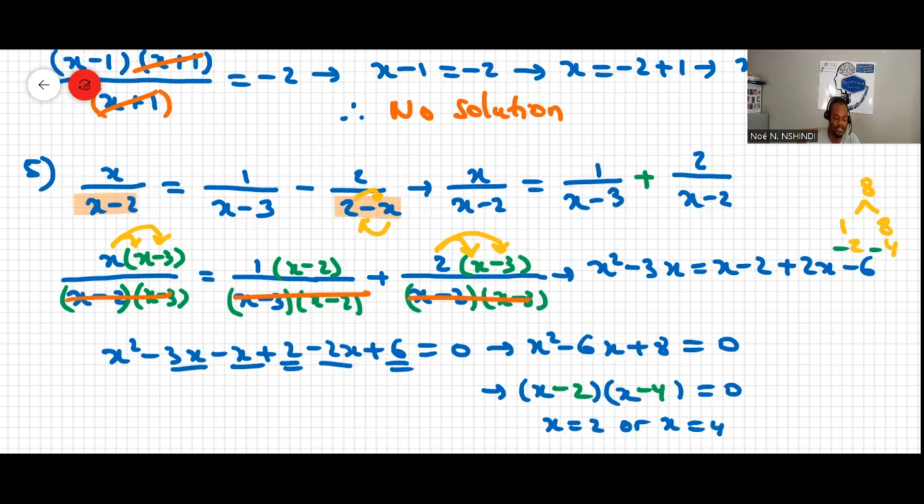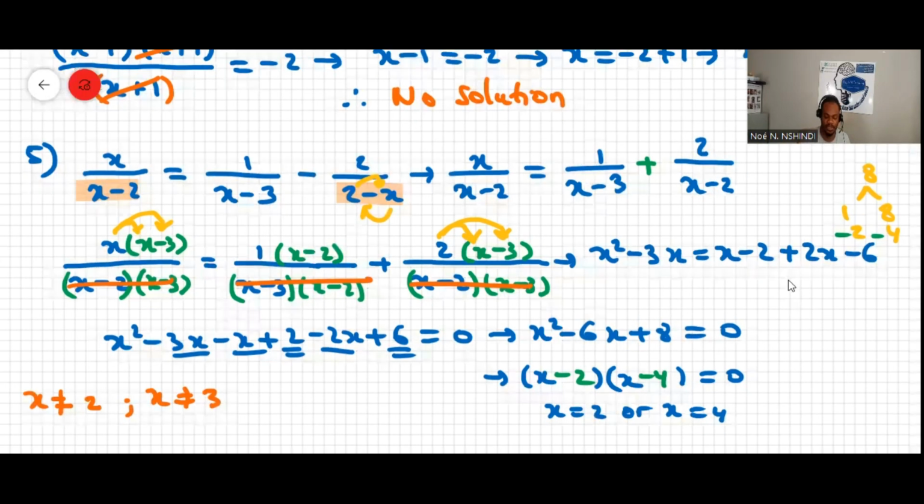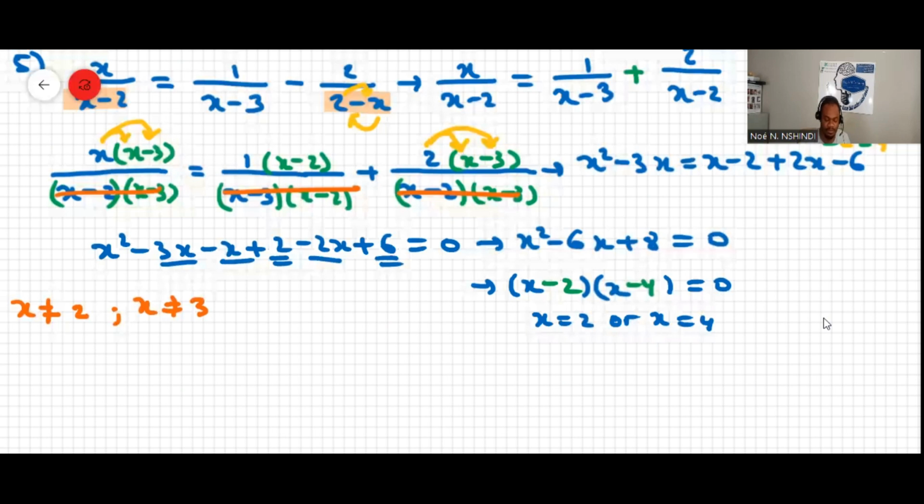We know that x cannot be equal to 2 because of x minus 2. x cannot be equal to 3 because of that. So x equal to 2 is not applicable, and the answer is just x equal to 4. That was question 5.